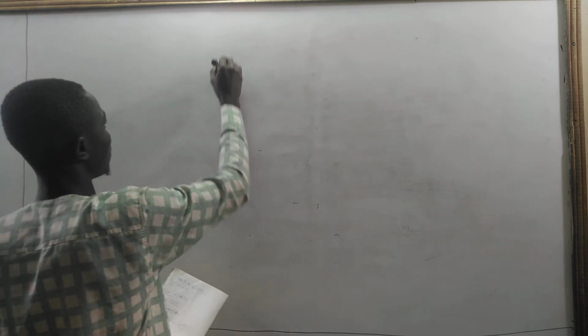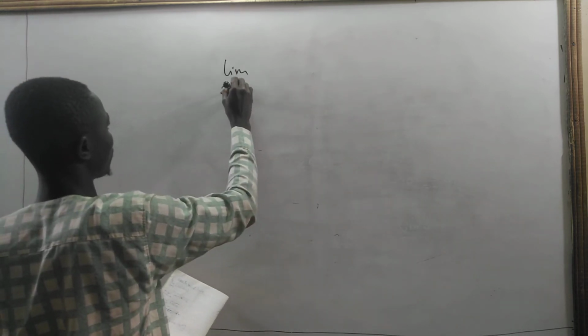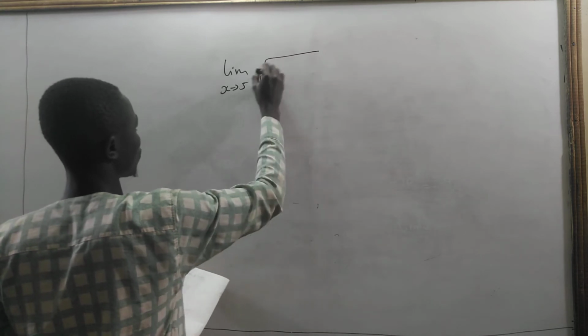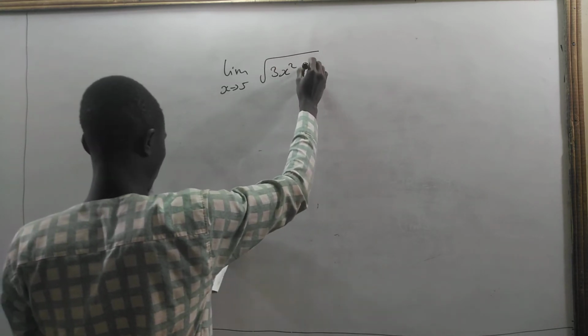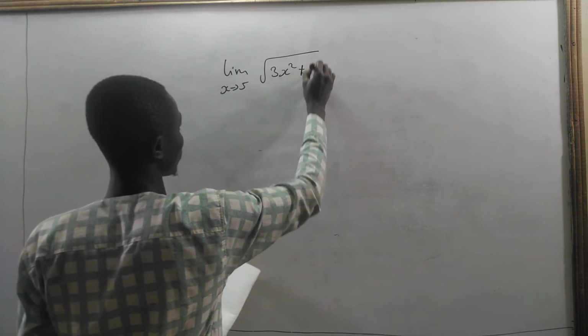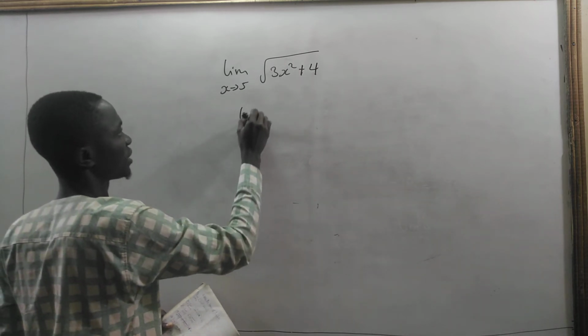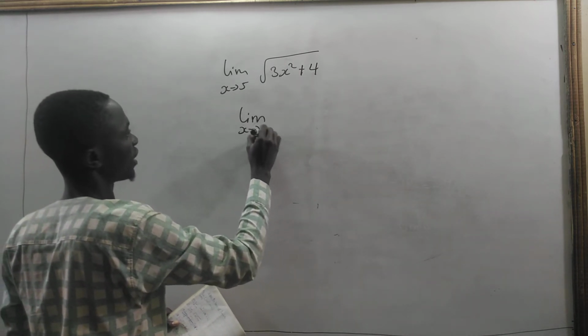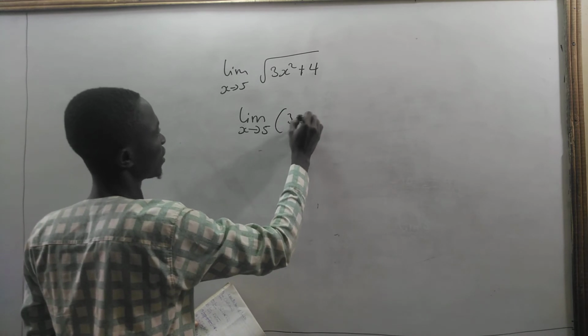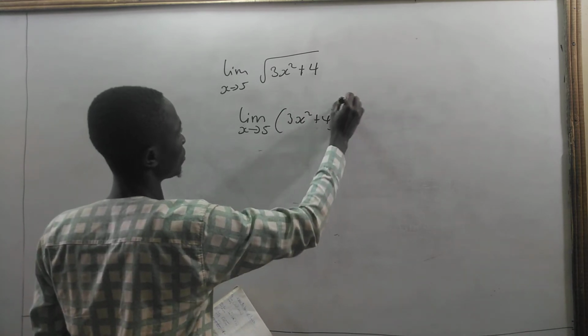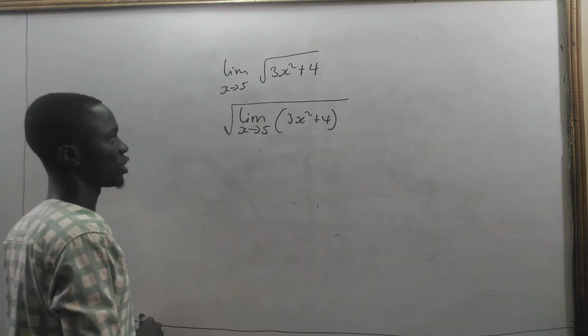Here we are going to consider the limit as x approaches 5 of the square root of 3x squared plus 4. So this is the same as the limit as x approaches 5 of 3x squared plus 4, all under the square root.